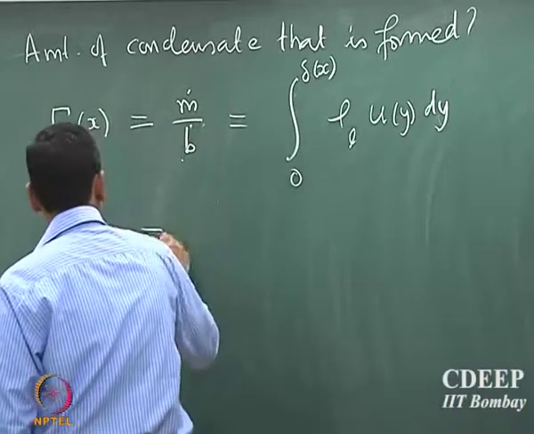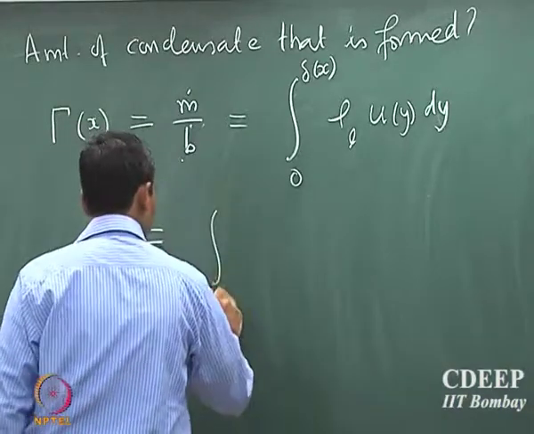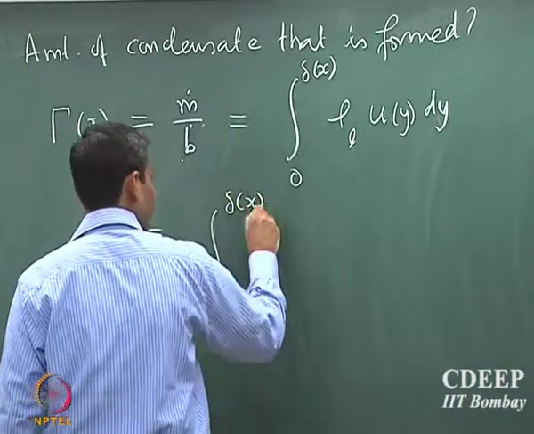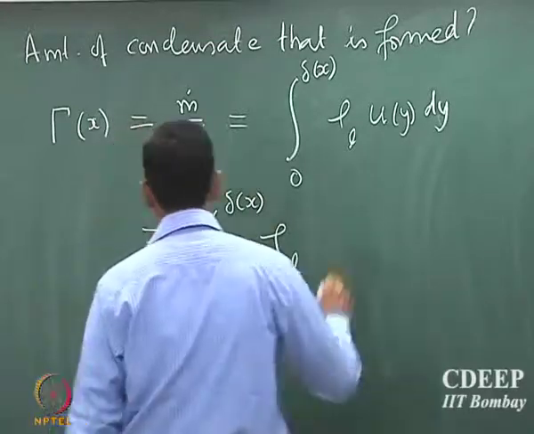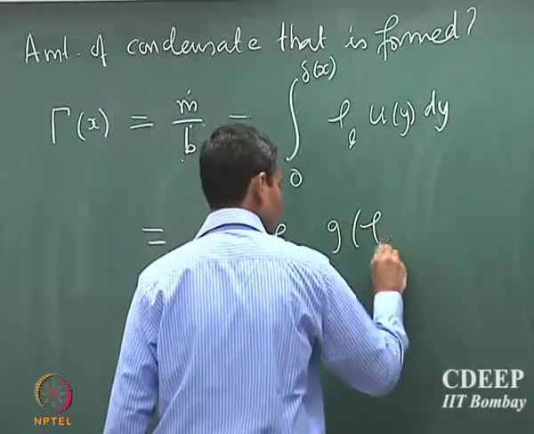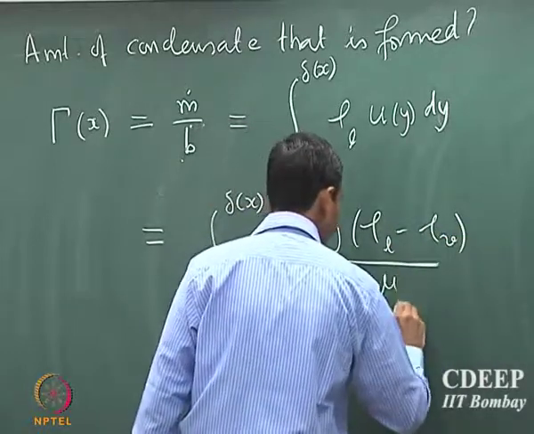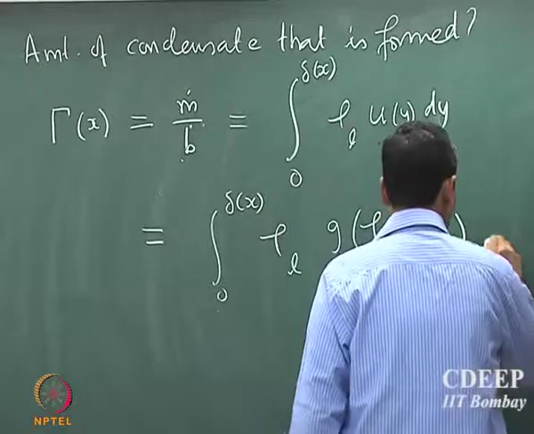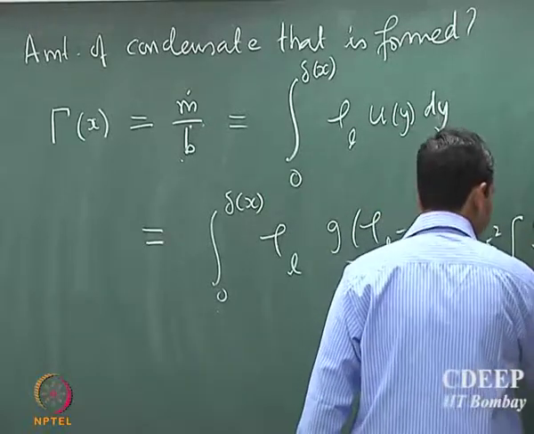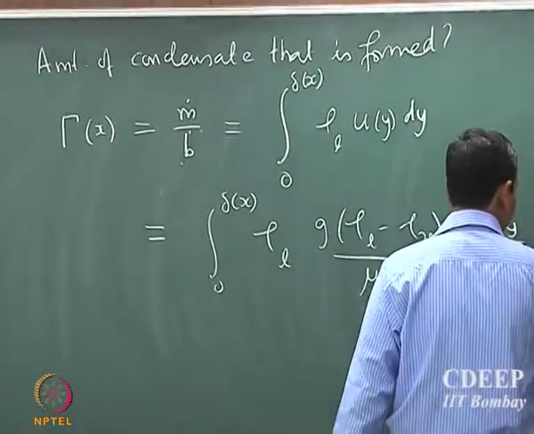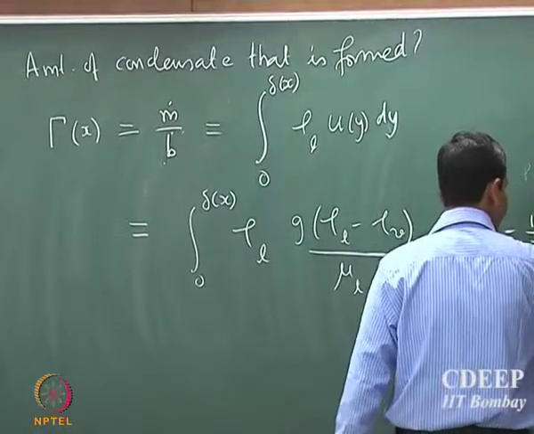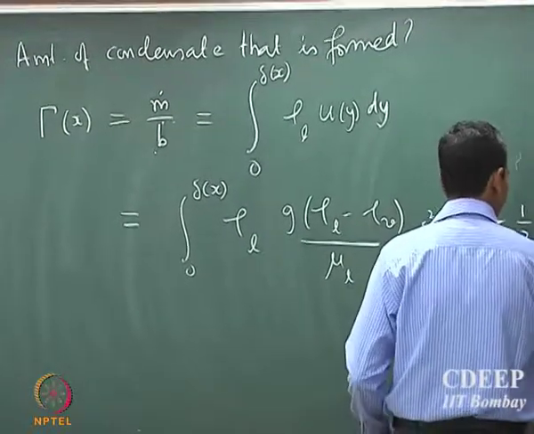So, plug in this: integral 0 to delta x of rho L into g rho V divided by mu L into delta squared [y by delta minus 1 by 2 (y by delta) the whole squared] into dy.